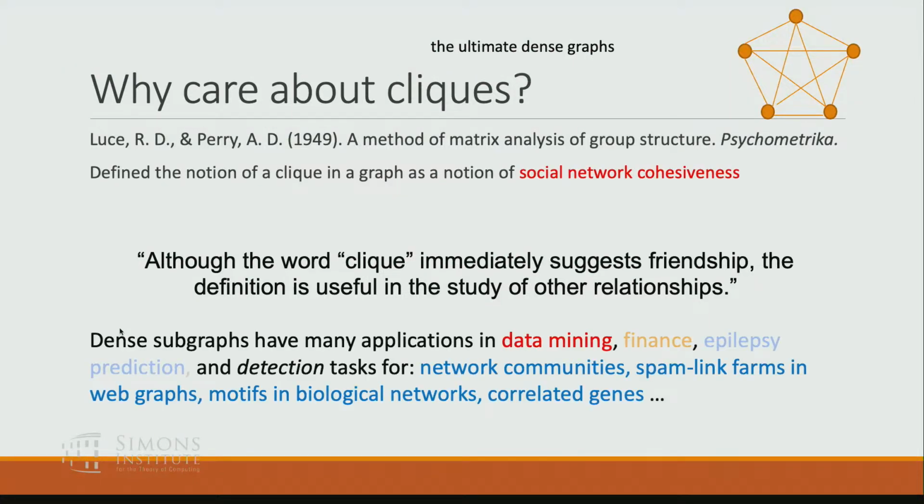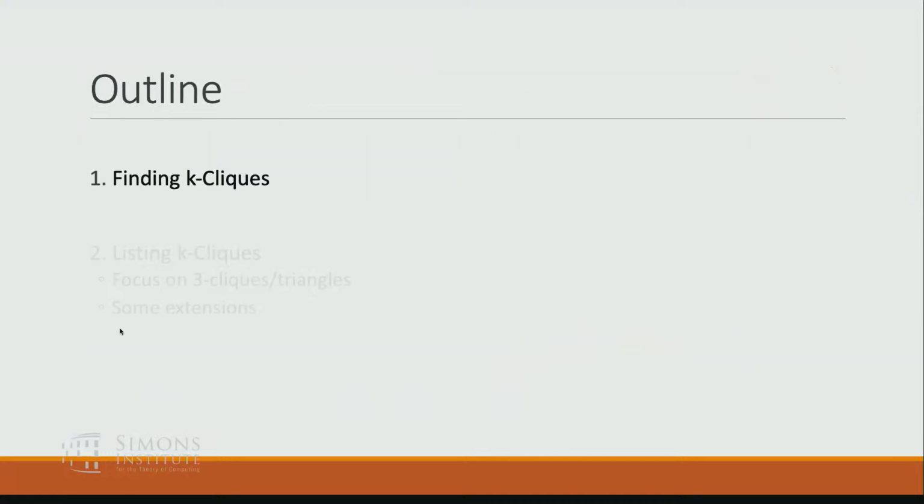Dense subgraph detection also has many applications in other areas, such as data mining and finance, and detecting a dense subgraph can be useful for finding communities in networks and so on. So clique finding is an important problem. In this talk, I will first briefly talk about finding k-cliques. The main focus of the talk will be about listing k-cliques, and more specifically about listing triangles.